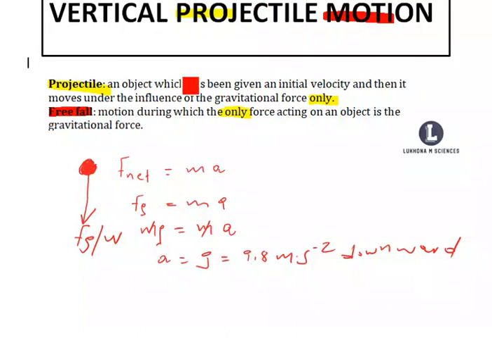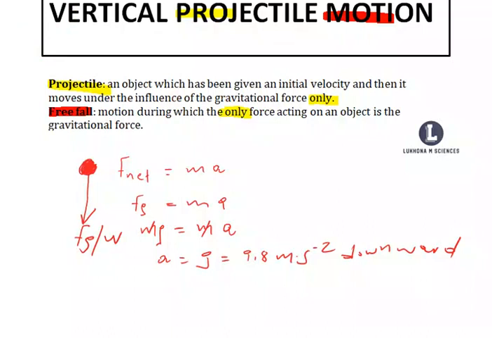Free fall is the motion during which the only force acting on an object is gravity, or gravitational force. So those are the definitions of free fall and a projectile.